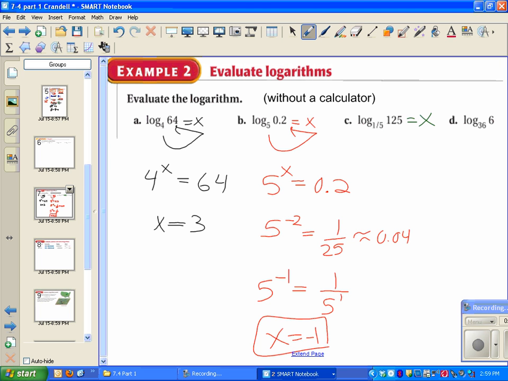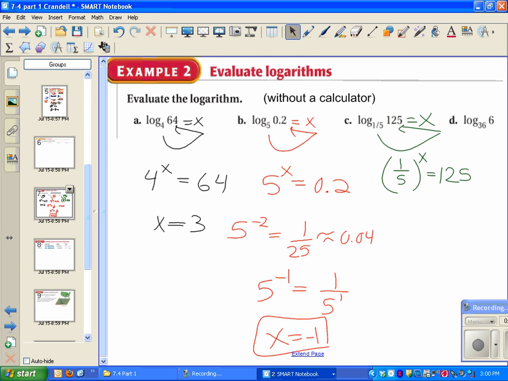So our half smiley face would be 1/5 to some power equals 125. This is similar to B. If it was 1/5 to the negative 1 power, I'd have to flip-flop it. So 1 to the negative 1 over 5 to the negative 1 is the same thing as 5 to the positive 1 over 1, so we just get 5.